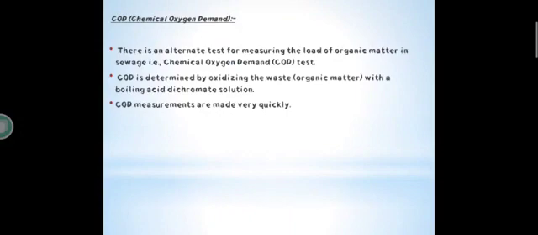Next comes COD, that is chemical oxygen demand. There is an alternate test for measuring the load of organic matter in the sewage, and that is the chemical oxygen demand test. COD is determined by oxidizing the waste organic matter with a boiling acid dichromate solution. COD measurements are made very quickly.